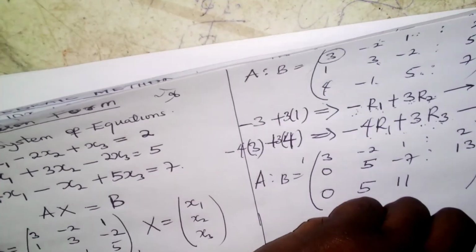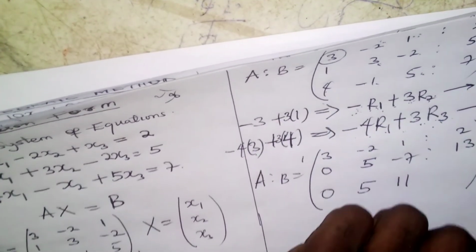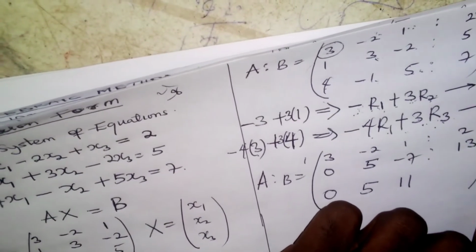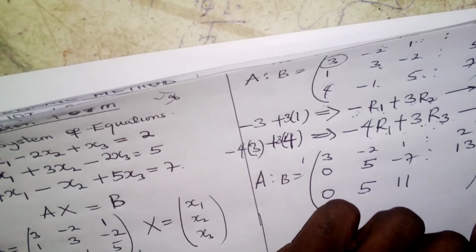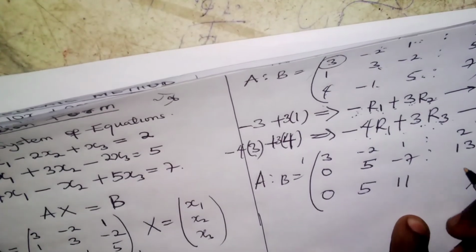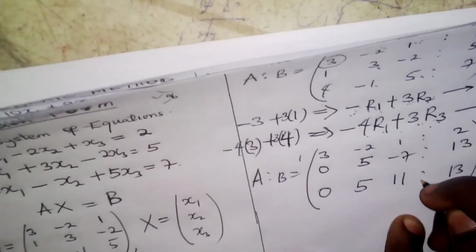If you subtract minus 8 from 21, we are going to have minus 8 plus 21. So if you do this very well, at the end of the day, your result will become what? 13. 13 at this stage.